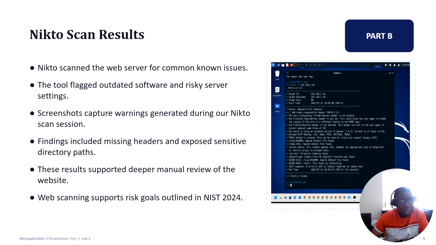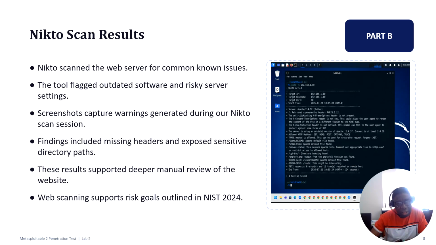Next, I ran Nikto against the web server to check for common well-known issues. This tool flagged outdated software versions and some risky server configuration settings. In this screenshot, you can see the warnings it generated during the scan, including missing security headers and a couple of exposed directory paths that shouldn't have been publicly accessible.